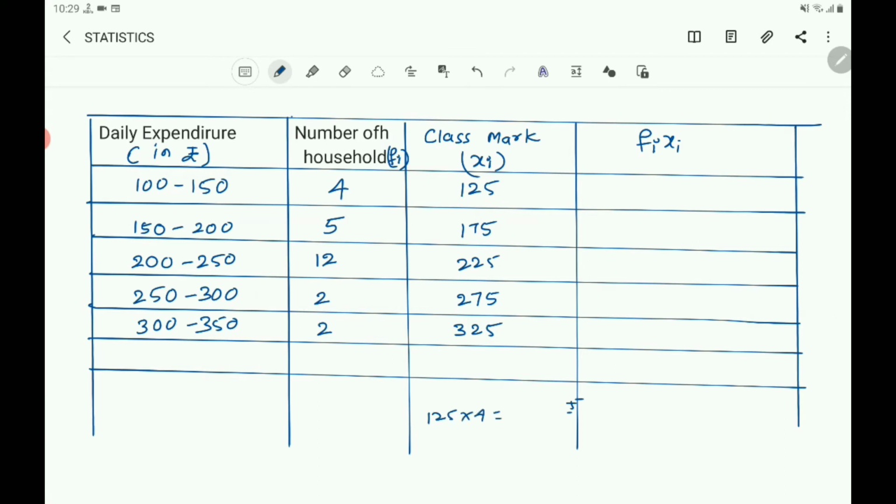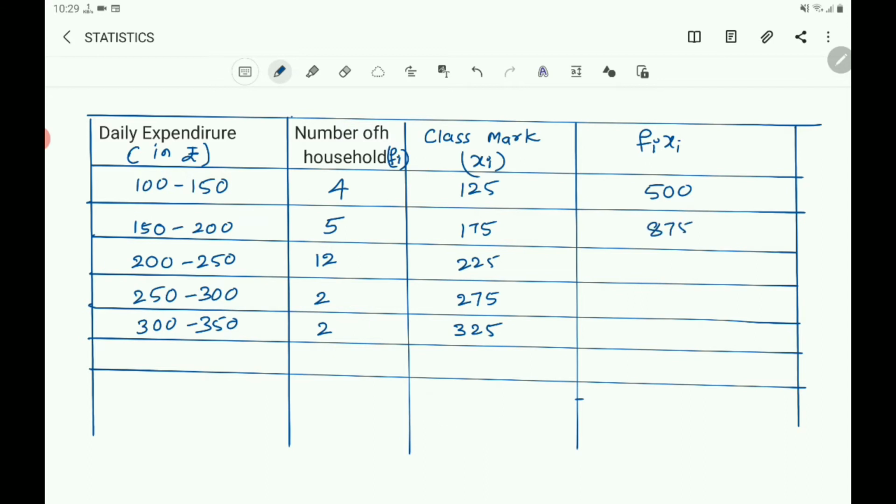That is 5 fours are 20, 2 fours are 8 plus 2, 10, 1 four is 4 plus 1, 5. So 125 fours are 500. Then 175 into 5, 5 fives are 25, 5 sevens are 35 plus 2, 37, and 5 ones are 5 plus 3, 8. 875 you will get.